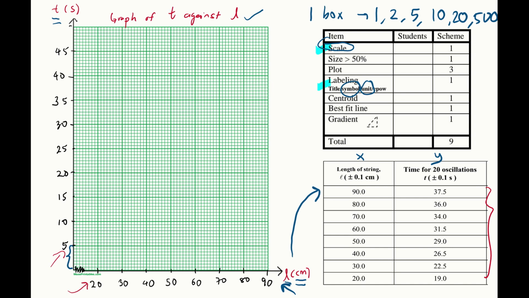So when you want to decide which scale is suitable, you have to look at your smallest value and highest value for x, and also smallest value and highest value for y. Then you can have a good scale or a good range where to put your minimum value and maximum value for x and also for y-axis.